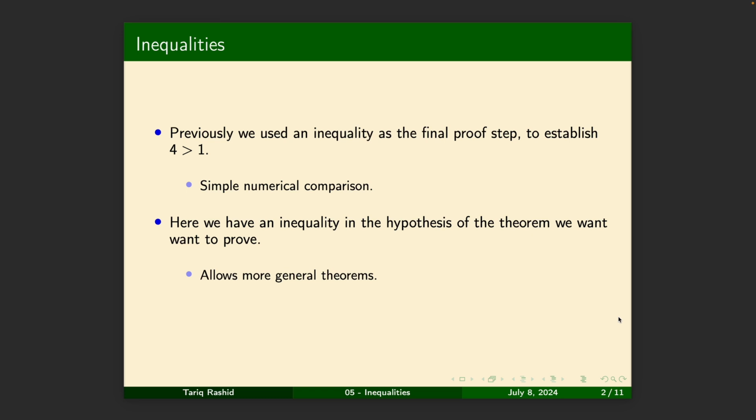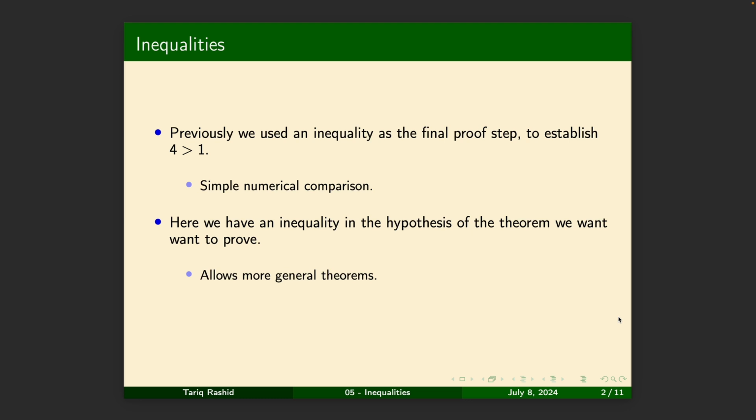But we also talked about how we could go all the way back to the axioms, but in everyday proofs, we don't need to do that. It was a simple numerical comparison. So that inequality was right at the end. What we're going to look at today is where the inequalities are in the middle or at the start of a proof.